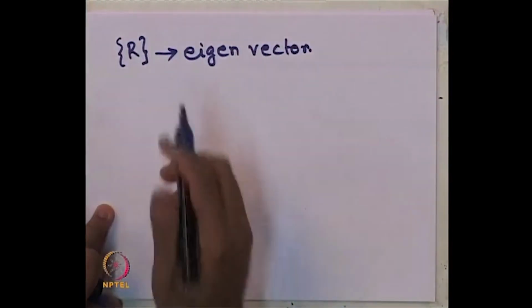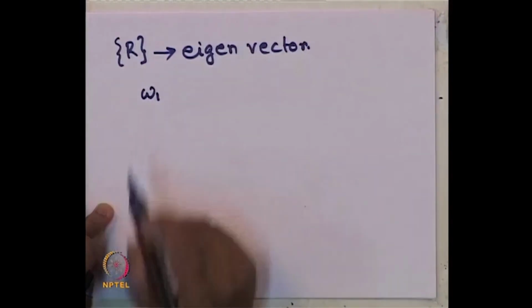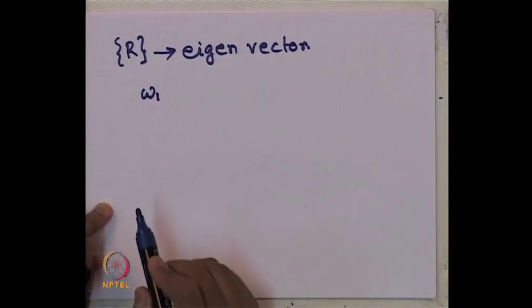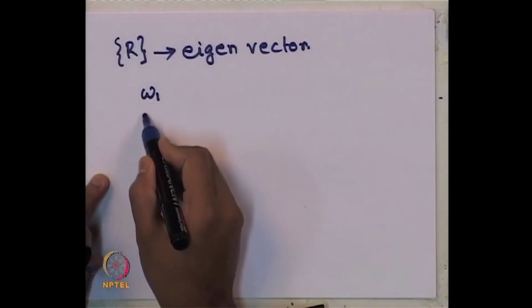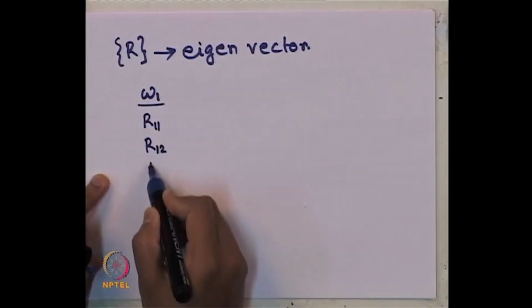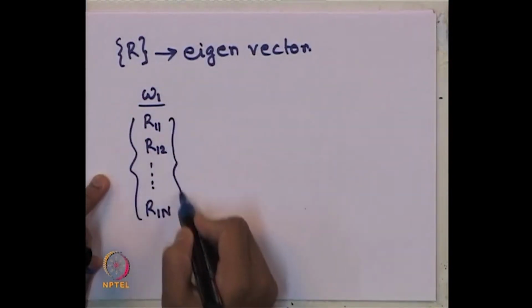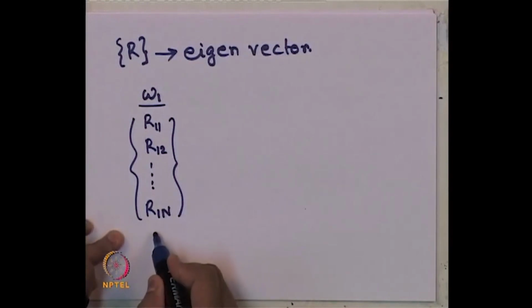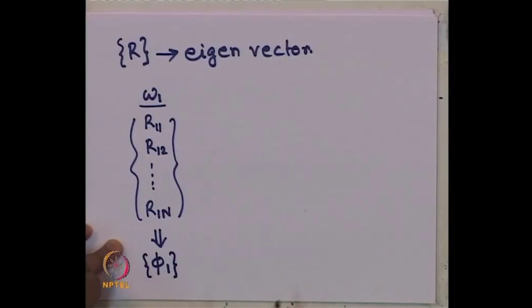What does it mean? If we select a solution of say omega 1, that is one particular eigenvalue, corresponding to that we will get the values of r 11, r 12 up to r 1n, which will give us the transformation matrix first element, phi 1.